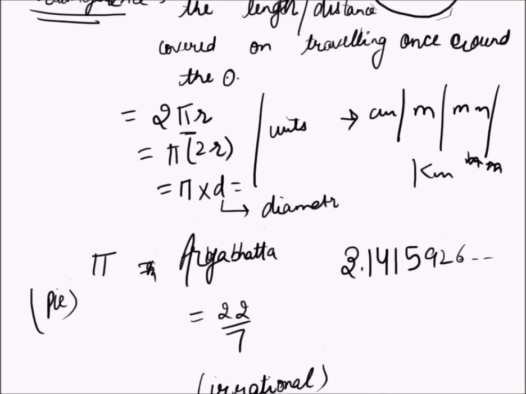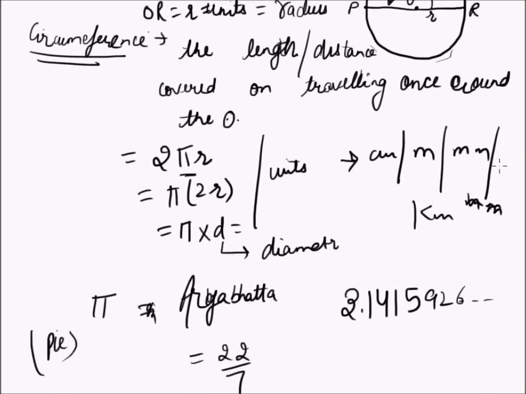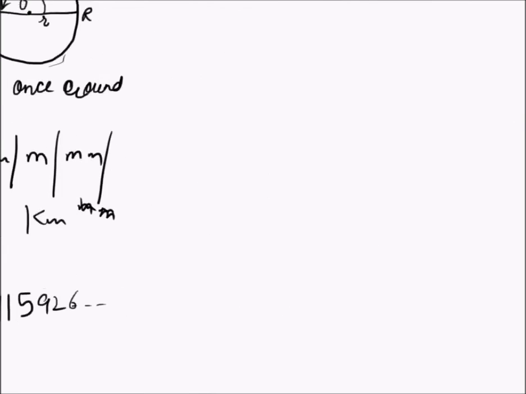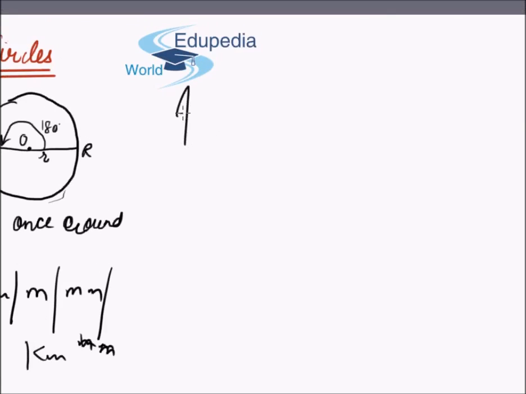Similarly, we have another term related to the circle. This was circumference. The other term is area. My dear friends, area is given by pi r square, where r is again the radius.